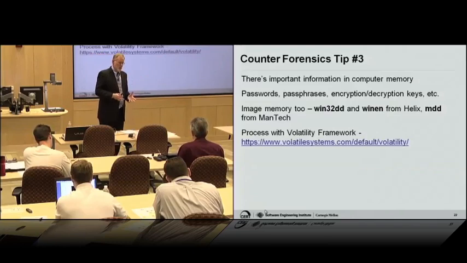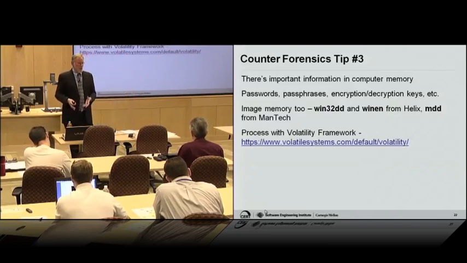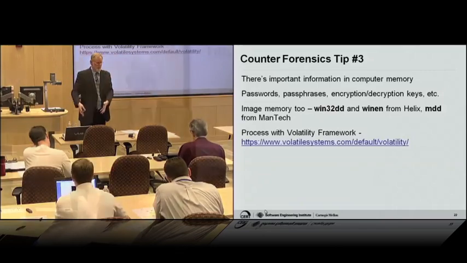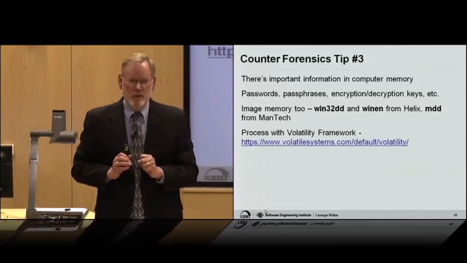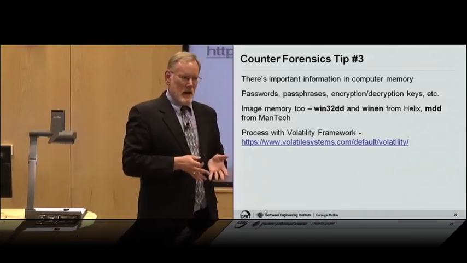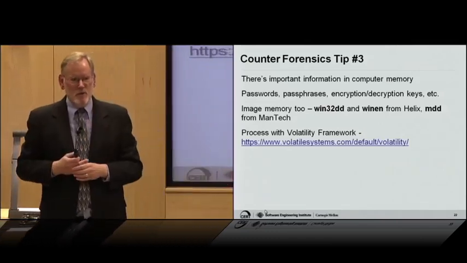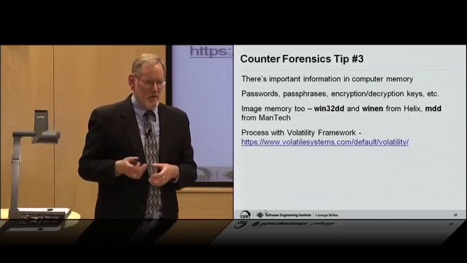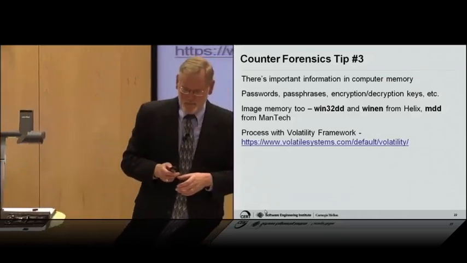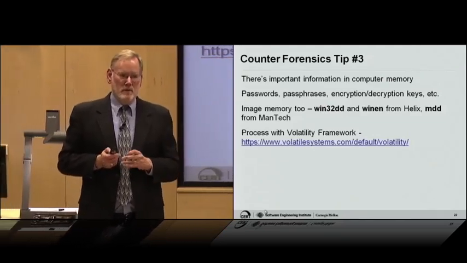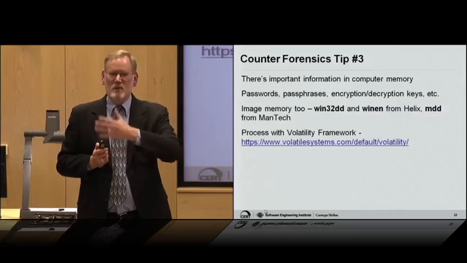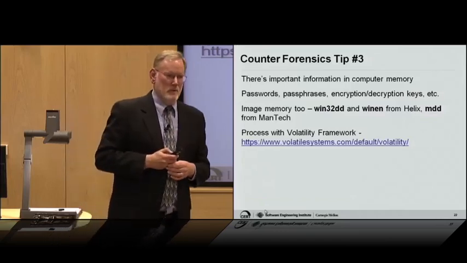But if I capture that memory, take it over to my analysis platform and analyze it with Volatility or with FTK, I will see everything that's in there, not something through the rose-colored glasses of the rootkit. So you want to do some analysis on that machine, but you also want to do some post-analysis of memory, and that can give you some clues as to what's going on. So that's a counter-forensic tip. Memory is important, and now you're back into it's volatile and it's important, go capture it first.